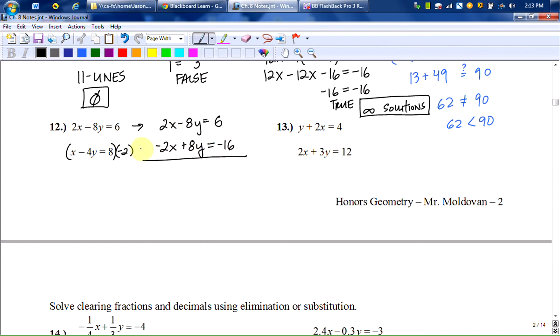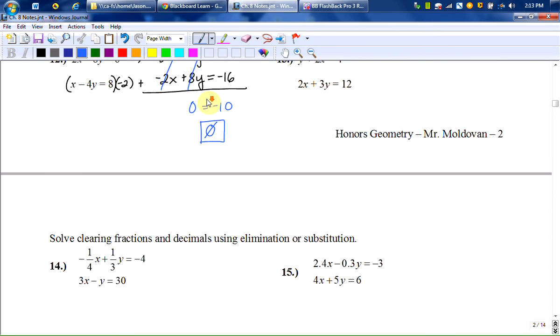Well, the elimination method or the addition method or the subtraction method, whatever you want to call it, these cancel, these cancel. I'm left with 0 equals -10. I've got another one of those strange ones. I think actually 13 is not a strange one, but the first three that I just did were strange. I'm going to leave you 13 to try.